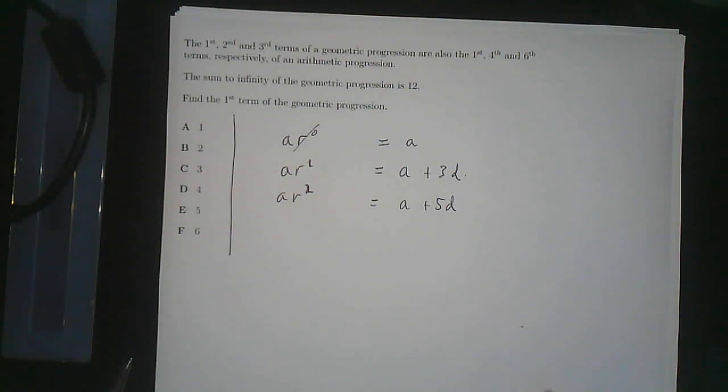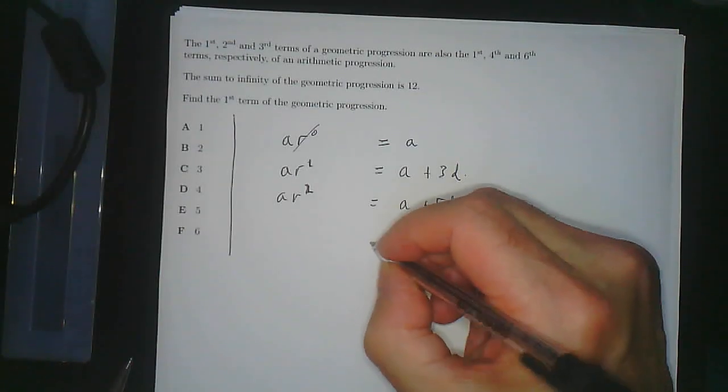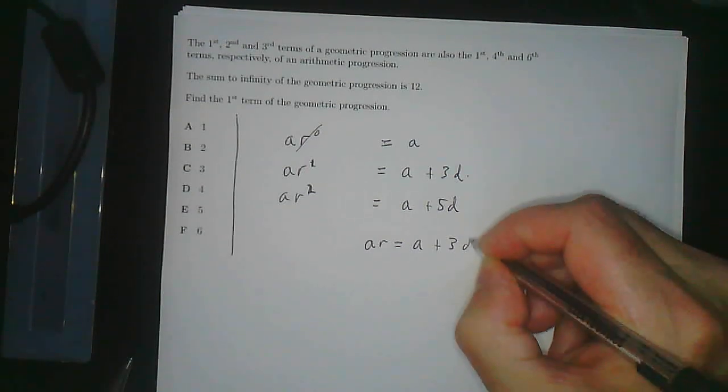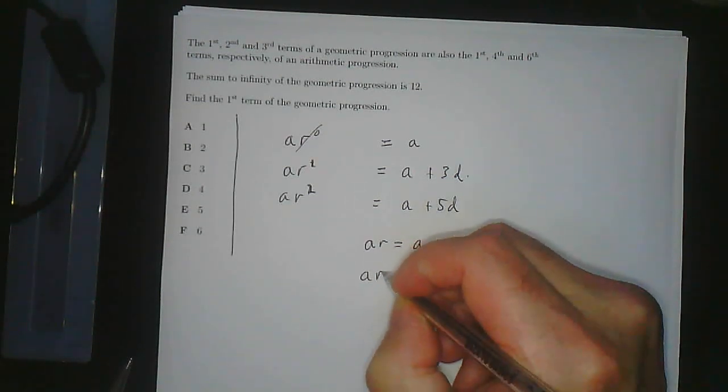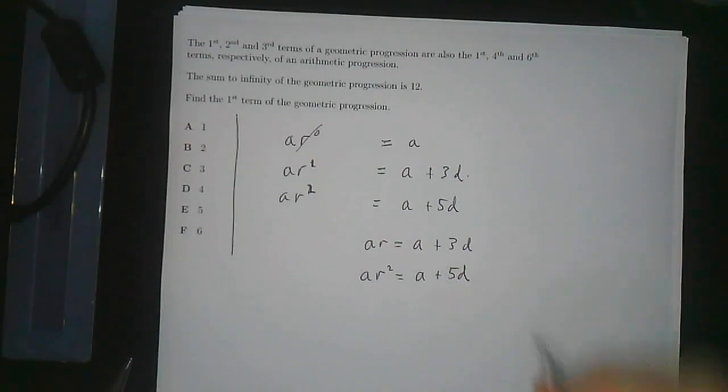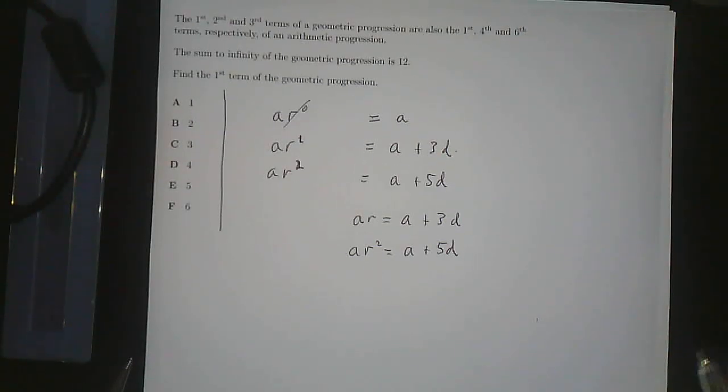So now we've got two equations here. We've got AR equals A plus 3D, and AR squared equals A plus 5D.